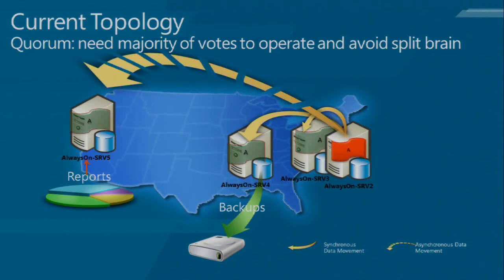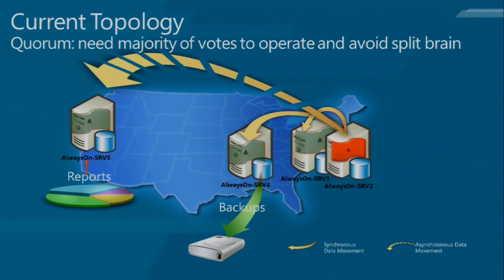This slide is made that way. If SRv2 was the primary, then I have my local data center with SRv3, which is my automatic failover set, SRv4, which is my regional data center, where I'm saving data because it's synchronous, and my asynchronous DR site in SRv5.